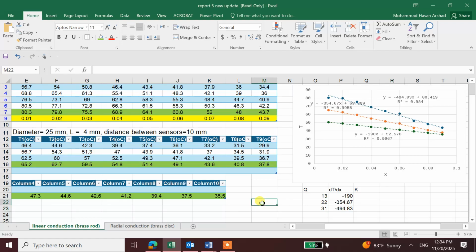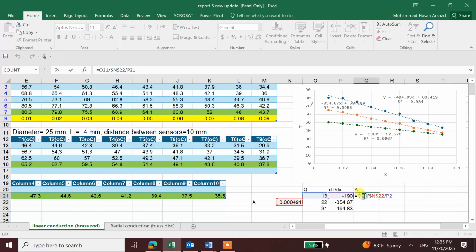So area of the cylinder will be 3.5 times 25, 0.25 meter square over 4. So K will be Q divided by area. Area we can fix it, so you can use dollar sign, area divided by dT/dx.